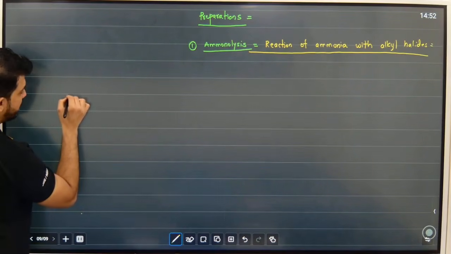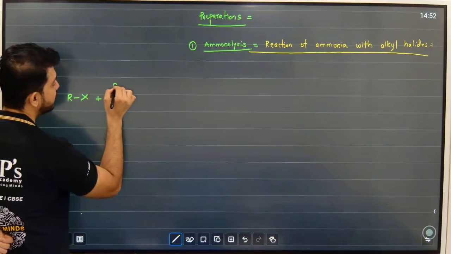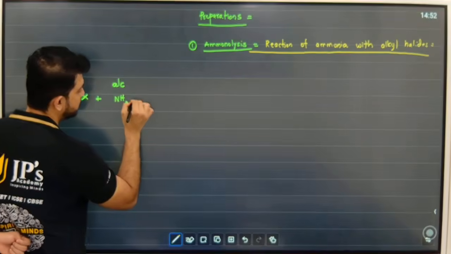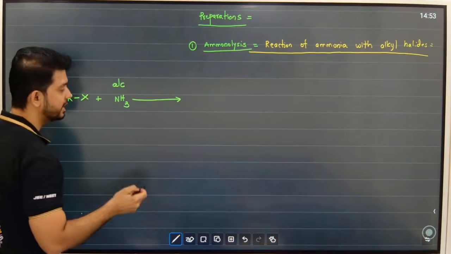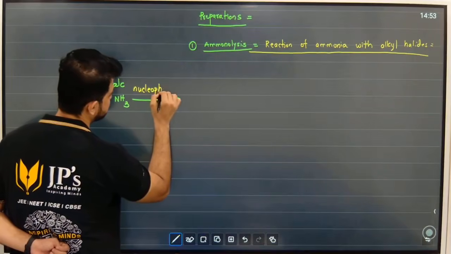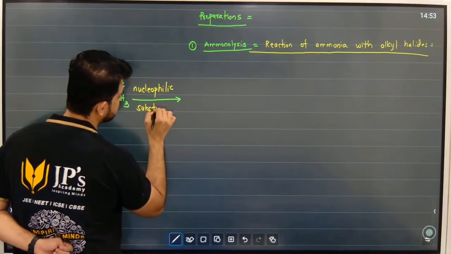Let's start. Now, if I have an alkyl halide along with that alcoholic ammonia. Now students, the mechanism of the reaction is nucleophilic substitution. This is a nucleophilic substitution reaction.